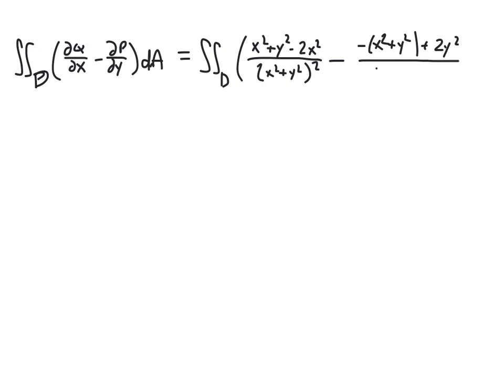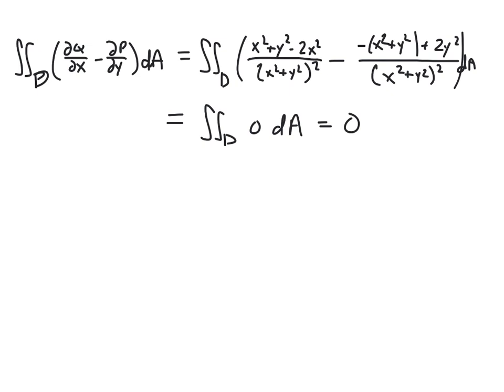And that again is over quantity x squared plus y squared, squared, dA. And if you compute this expression in parentheses, if you work it out, we do get exactly 0. So this is the double integral over D of the function 0, and of course, that is equal to 0.